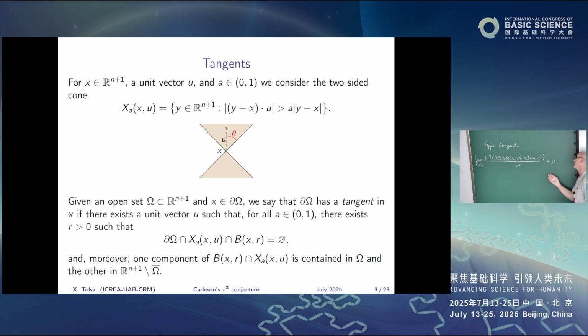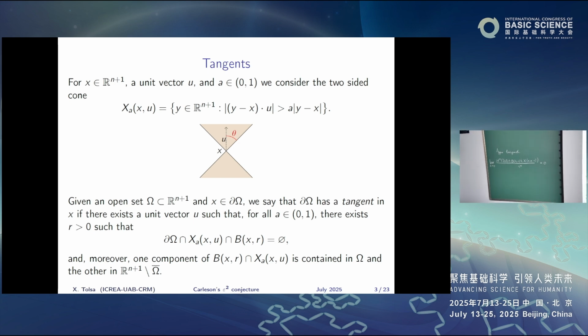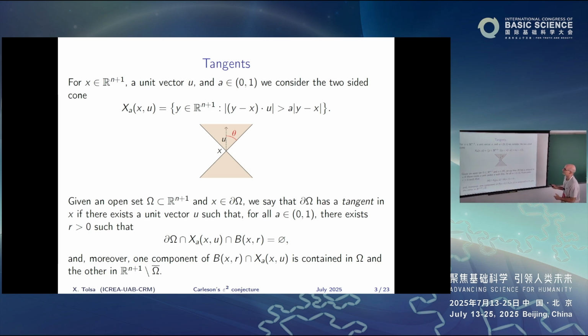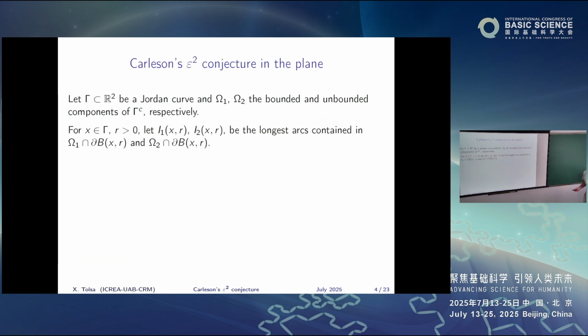Of course, this makes sense or is interesting when the set has, for example, locally finite n-dimensional Hausdorff measure. So the notion of tangent is stronger than the one of approximate tangent. All right. It turns out that any set that is n-rectifiable and has a finite surface measure has approximate tangents. Any set, putting the boundary of omega instead of any set. All right.